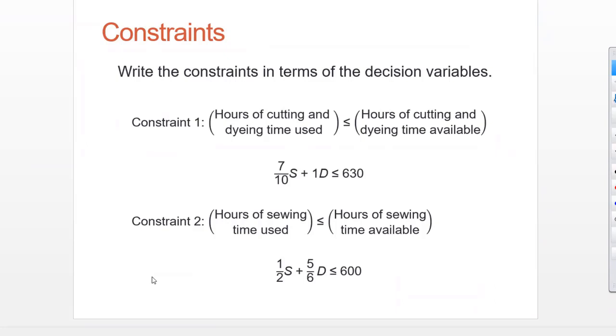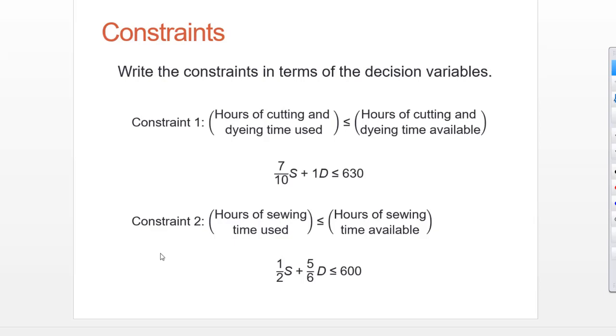From the question, we know it takes the cutting and dyeing department 0.7 hours to manufacture 1 standard bag. It takes cutting and dyeing 1 hour to manufacture a deluxe bag. And the total available hours, the capacity limit, is 630, right? So let's forget about other constraints and only focus on this constraint.